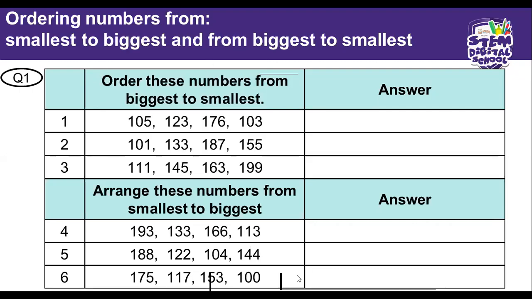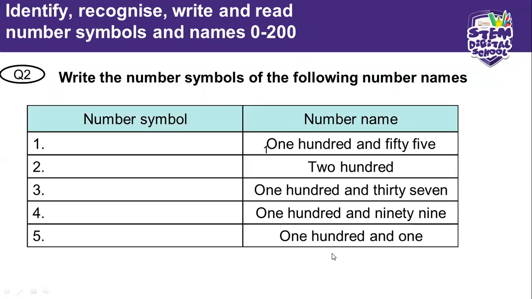Okay, now let's go to the next question quickly. Right, they say, write the number symbols of the following number names. They have given us the number name there, 155. So, still on your classwork book, write question 2, and you write number 1.